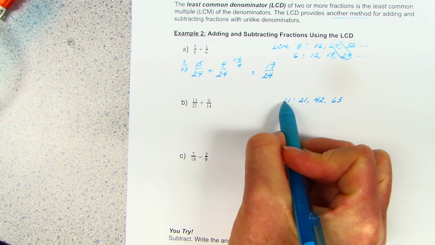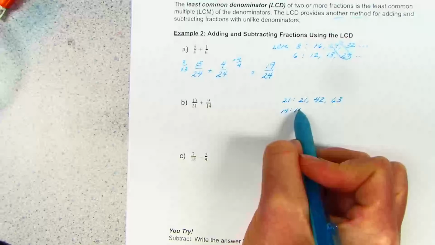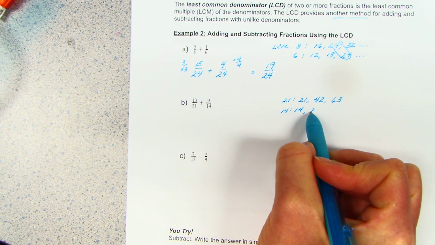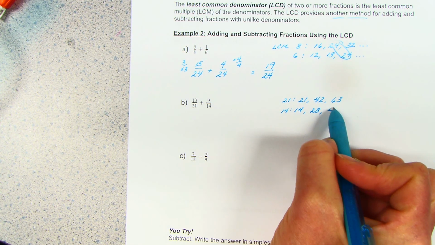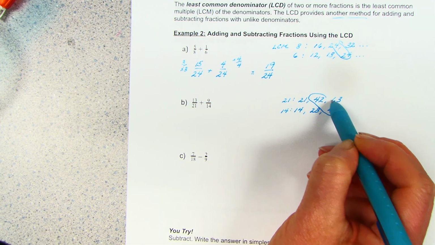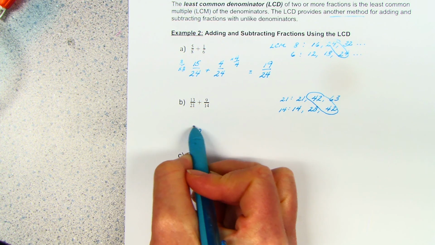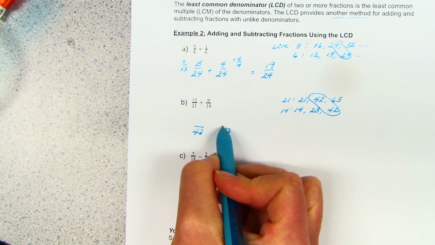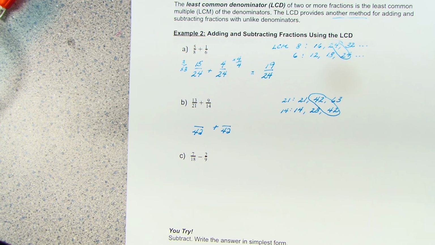There's 21. All right. And then 14, if I count by 14s, that's 14. And then 2 14s is 28. And 3 times 14 is 42. Yay! There's the LCM, which is also the least common denominator. I'm going to grab my calculator just so we could see how big this would be.